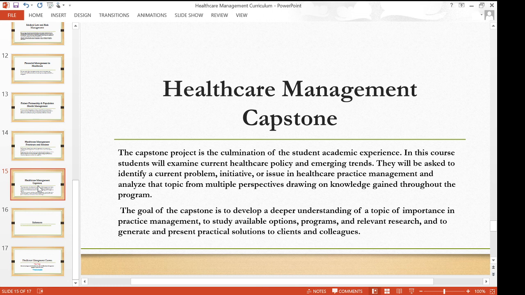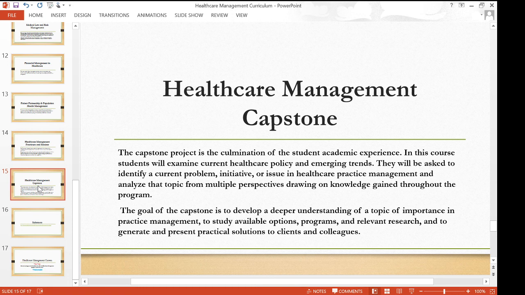In this course, students will examine current healthcare policy and emerging trends. They will be asked to identify a current problem, initiative, or issue in healthcare practice management and analyze that topic from multiple perspectives, drawing on knowledge gained throughout the program.